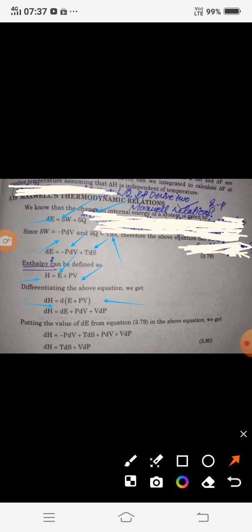First, the differential of E is simple, and the differential of PV is taken turn by turn. First we take the differential of the volume, so it becomes P dV, and next time V is kept as it is and the differential of the pressure is taken. The turn-by-turn differential is given: first to the volume, second to the pressure.